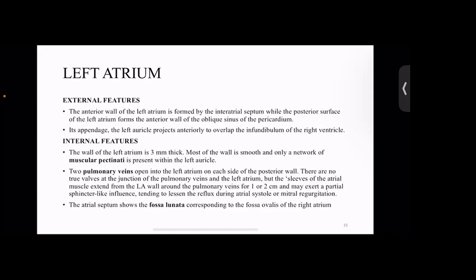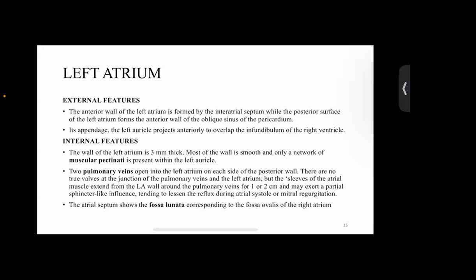So now we'll look at the left atrium. Now the anterior wall of the left atrium is formed by the interatrial septum, while the posterior surface of the left atrium forms the anterior wall of the oblique sinus of the pericardium. So its appendage, the left auricle, projects anteriorly to overlap the infundibulum of the right ventricle.